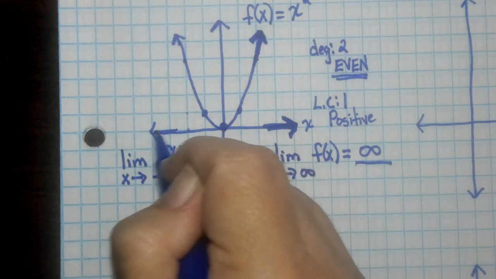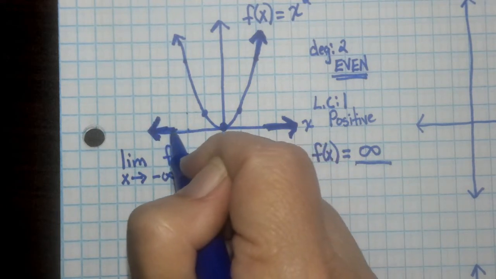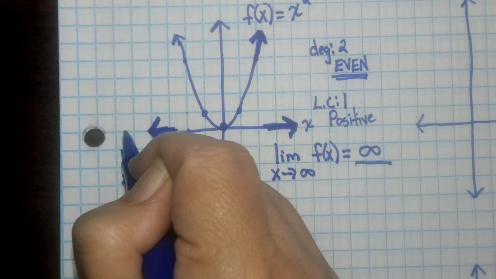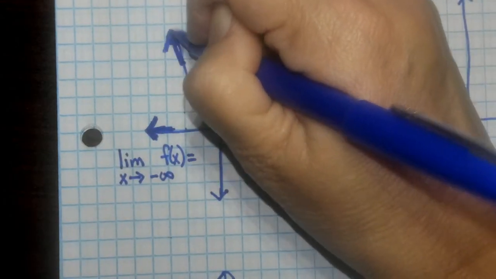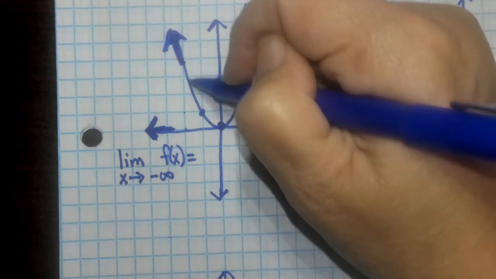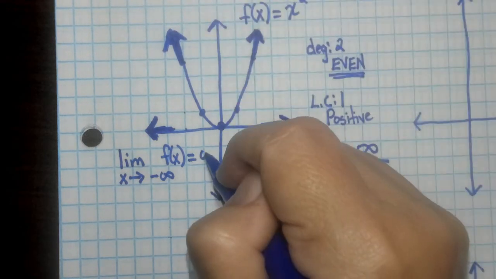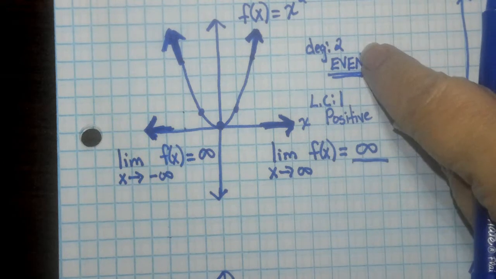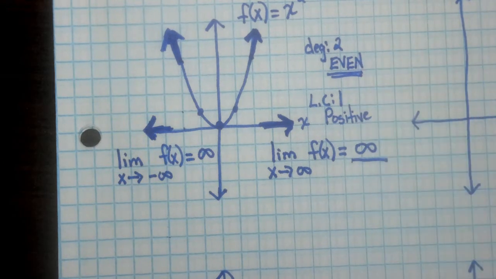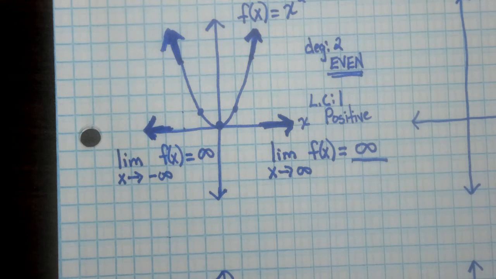As we go out on the x-axis towards negative infinity, so x is getting smaller and smaller and smaller and smaller, what is the f of x doing? Well, here's my f of x. Look at where it's going. It's going up to infinity. And whenever you have an even degree with a positive leading coefficient, that's what the end behavior is going to do every time.